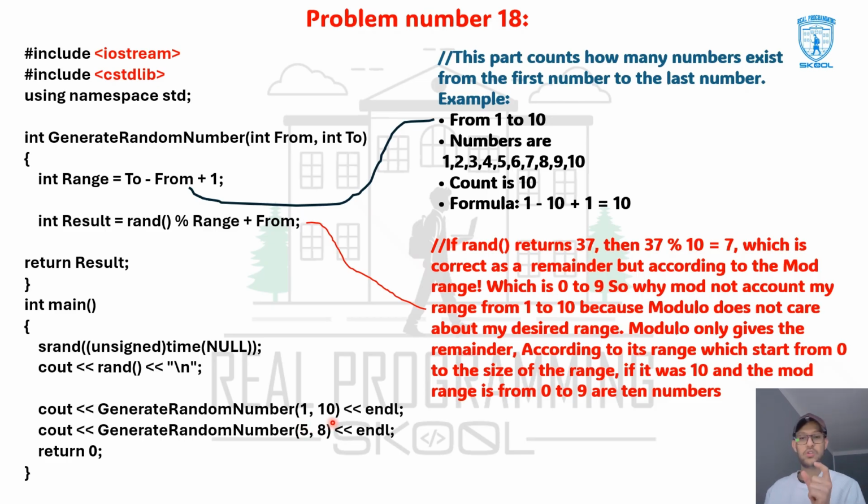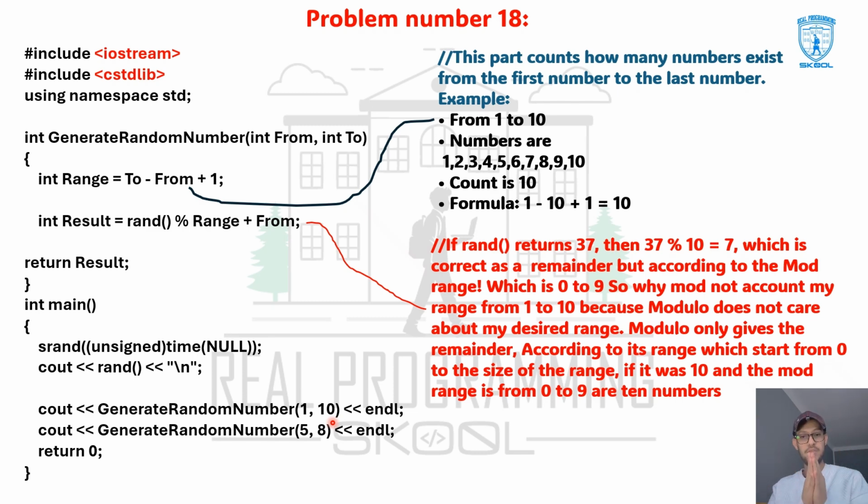So if I told you to count how many numbers I have in this range, my range between 1 and 10, count it with me now. We have a range with start point 1 and end point 10. How many numbers will we have? 10 numbers. 1, 2, 3, 4, 5, 6, 7, 8, 9, 10.